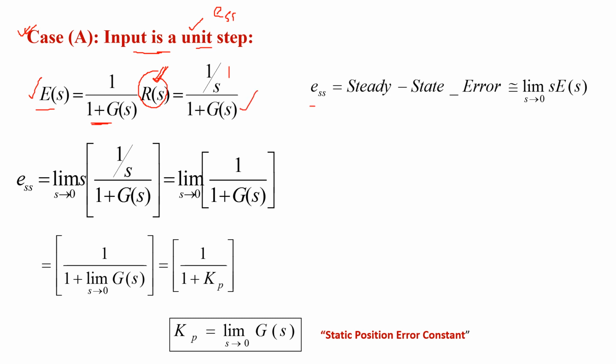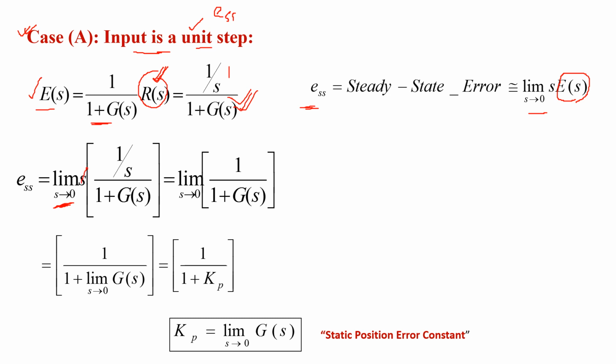We know the steady state error formula from the final value theorem, that is limit s tends to 0 of s into E of s. Now in place of E of s, substitute this one. We get ESS is equal to limit s tends to 0 of s into 1 by s by 1 plus G of s.